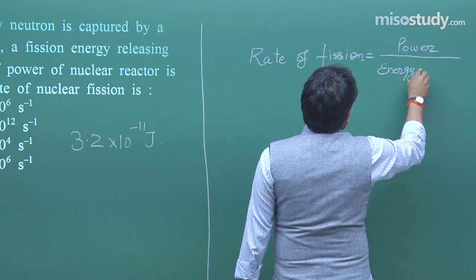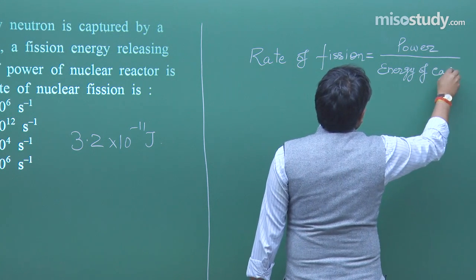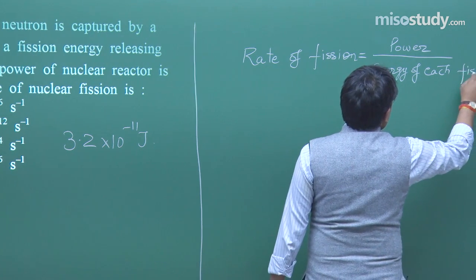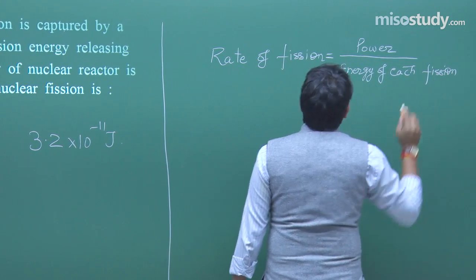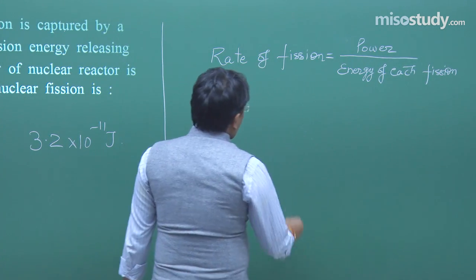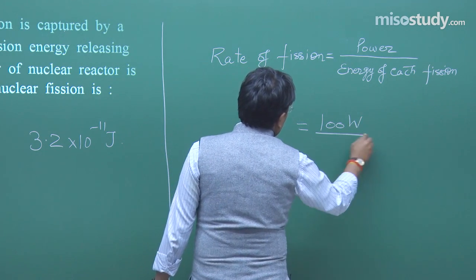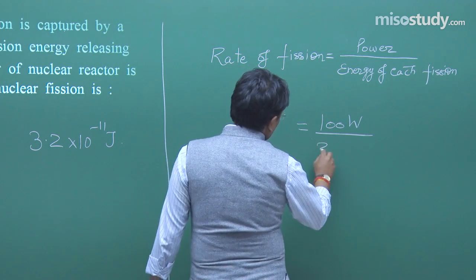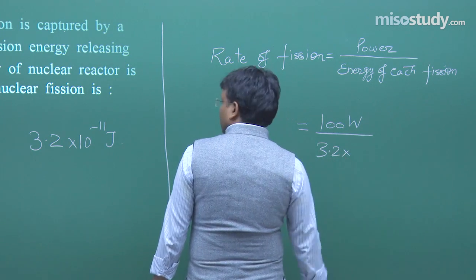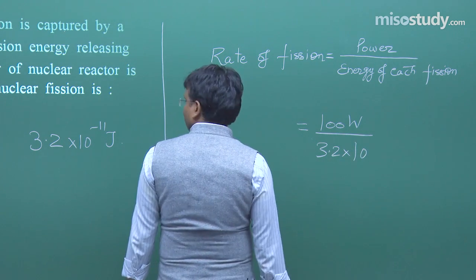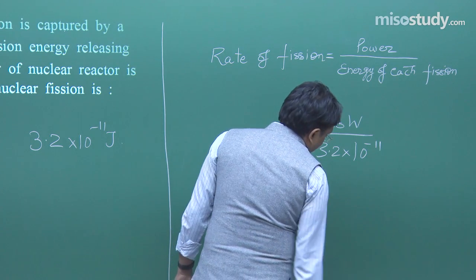Okay. So, power is 100 watt and energy of each fission is 3.2 into 10 to the power minus 11, fine.